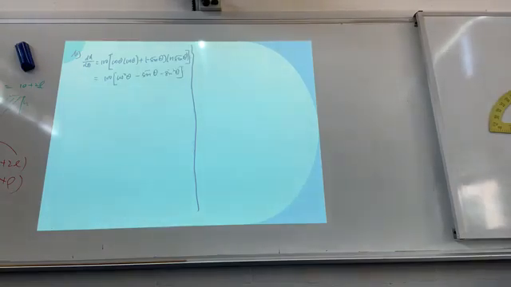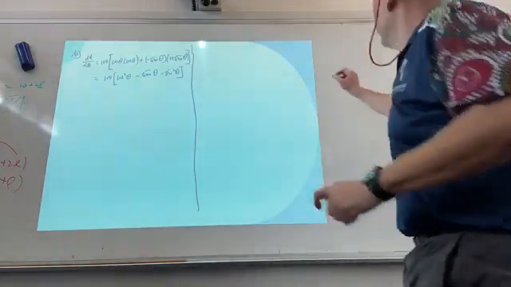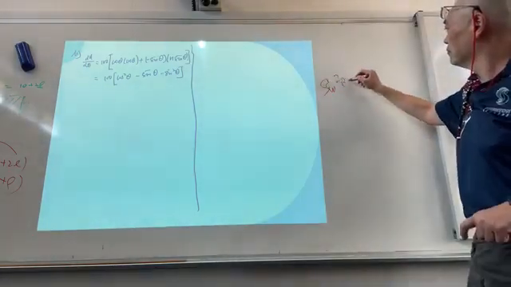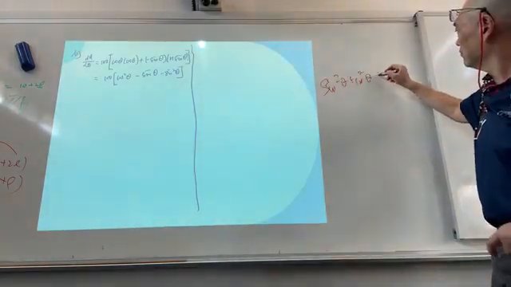Now you can see that it becomes cos squared theta minus sine squared theta. Does that give me a solution? You've got to go back and think about what you've learned in year 11. Sine squared theta plus cos squared theta equals 1.